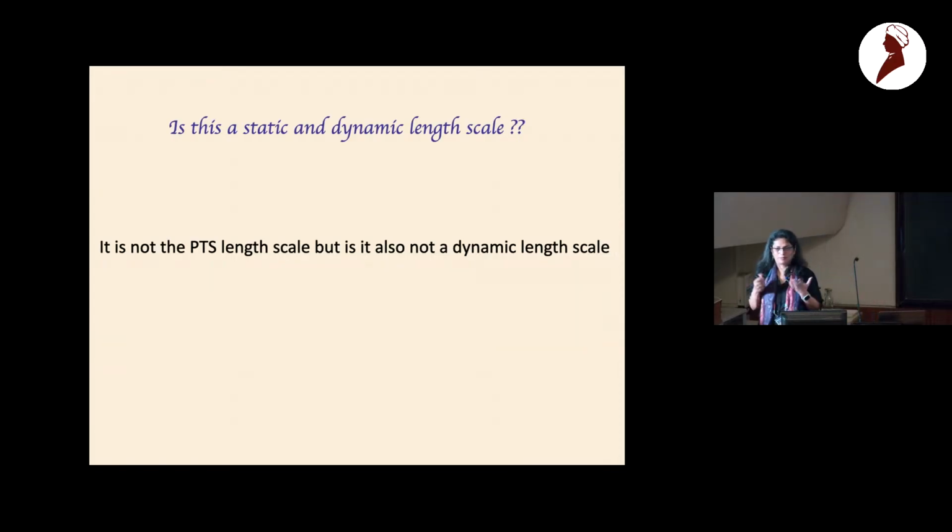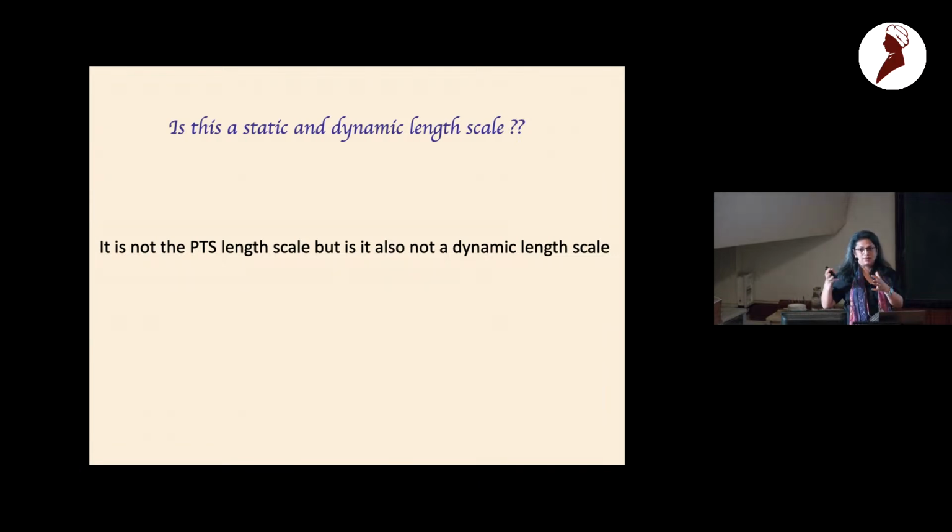I think that's where the question, I didn't put it up in the paper though, because that question was not asked by the reviewers, but I decided to now answer this question to the audience here. Now, I know it is not similar to the point to set length scale, but in that way, I think if you take any LFS and look at its order parameter, that is not the point to set length scale, right?